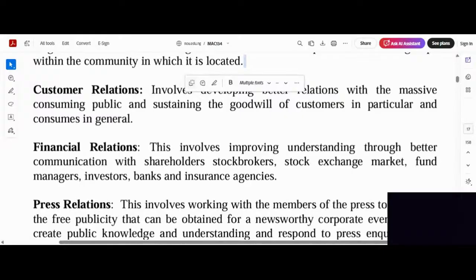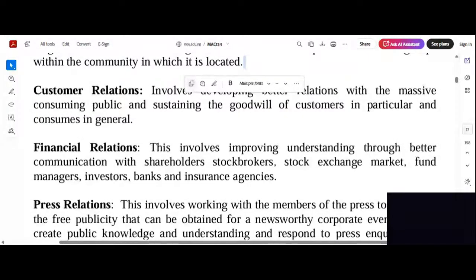And by so doing, they will need investors. Public relations can help create better relationships, a better image, a better communication process that will help them get the right interest of potential investors and of course stockbrokers and shareholders.